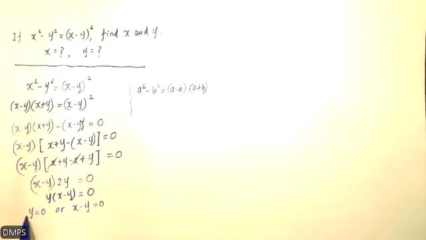In this case, y is equal to 0. And in this case, x minus y is equal to 0 means if I add y to both sides, x will be y. So these are the possible solutions.